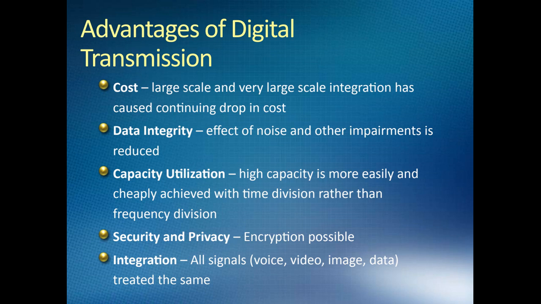Capacity utilization: more, of course. You can share signals, multiplexing on the same wire. By the way, high capacity is more easily and cheaply achieved by time division rather than frequency division. Remember this, okay?